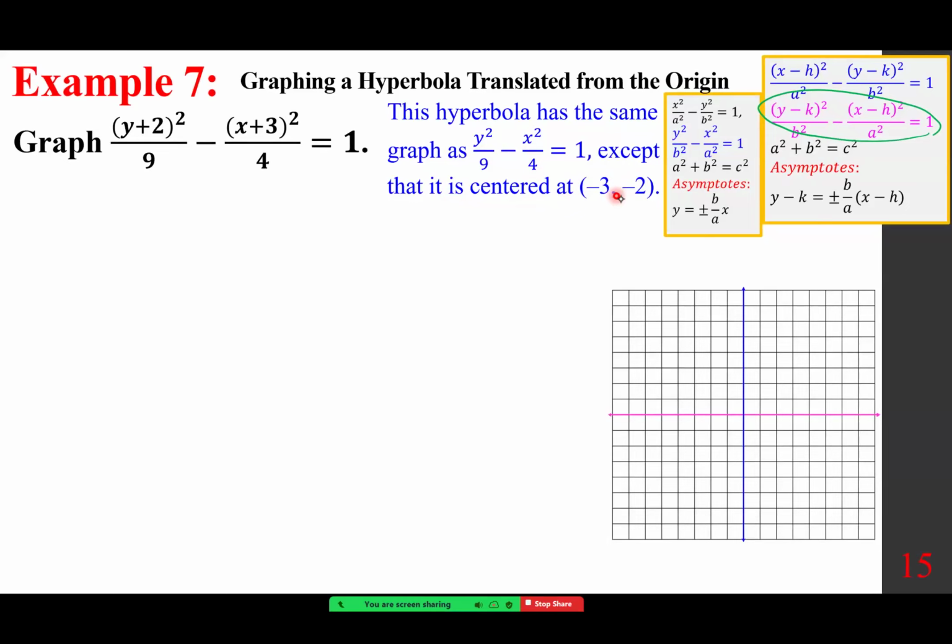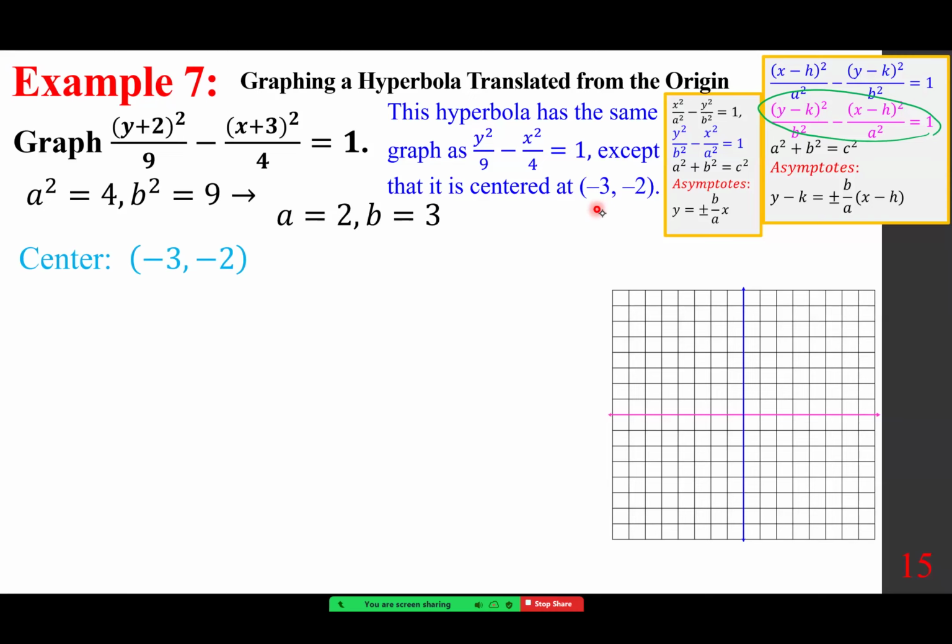That means 3 units to the left, 2 units down. That's the meaning of this. All right, so a squared is 4, b squared is 9. It makes a 2, b 3. And as I mentioned, the center is given.